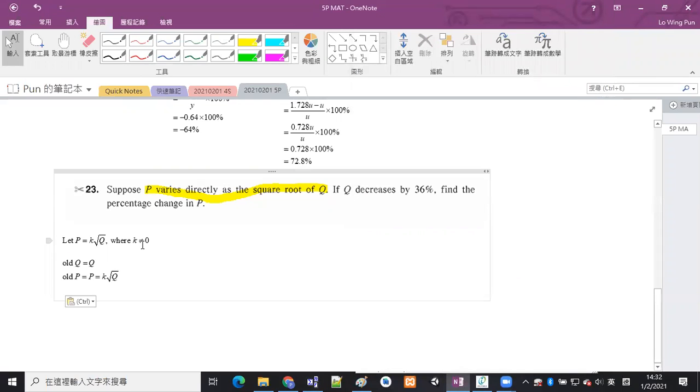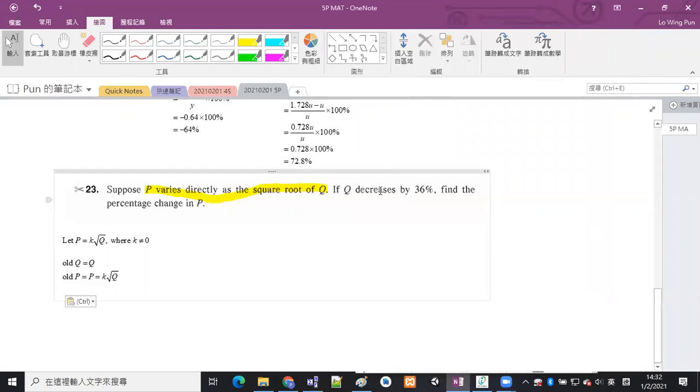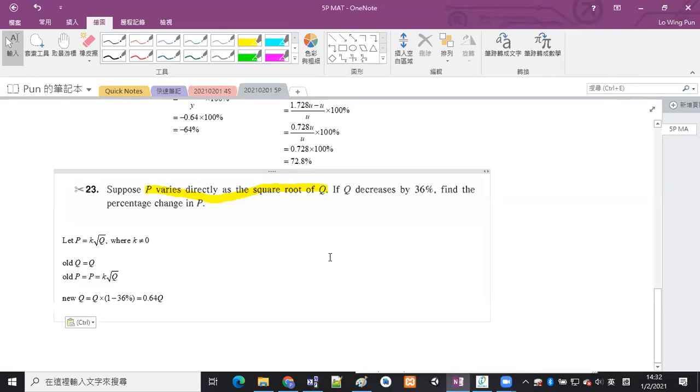Preparation. And then for the new Q first, because Q started the change. Q decreases by 36%. So new Q is equal to the old Q times 1 minus 36%. So that should be equal to 0.64 times Q. Get this?